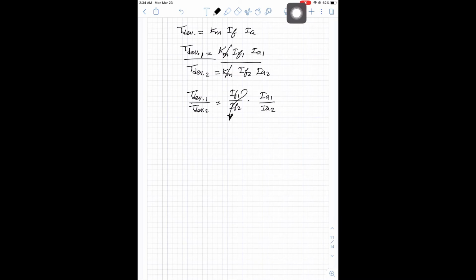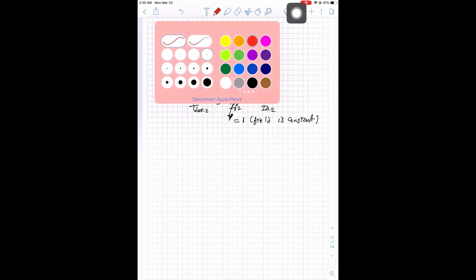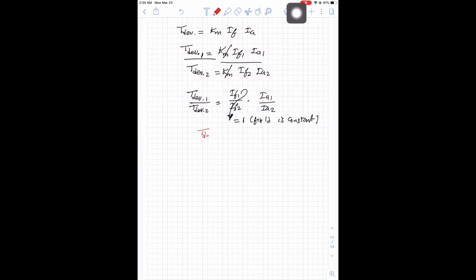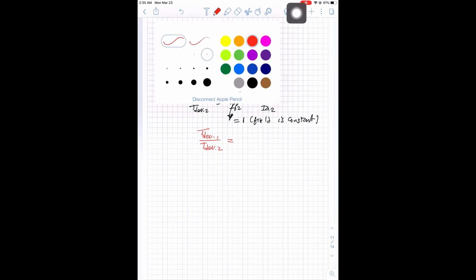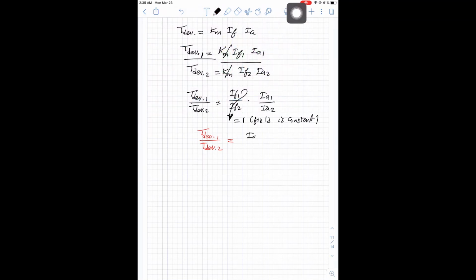Also, we have IF1 over IF2 equal to 1 because the field is given as constant. Now we will have this equation: T developed 1 divided by T developed 2 equals I armature 1 divided by I armature 2.